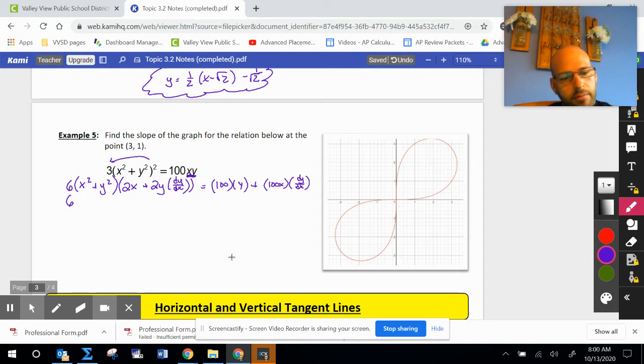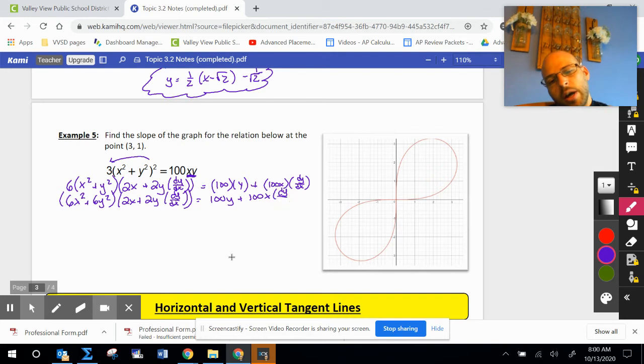I'm going to start distributing a little bit, a 6x squared plus 6y squared times 2x plus 2y times dy over dx equals 100y plus 100x times a dy over dx.